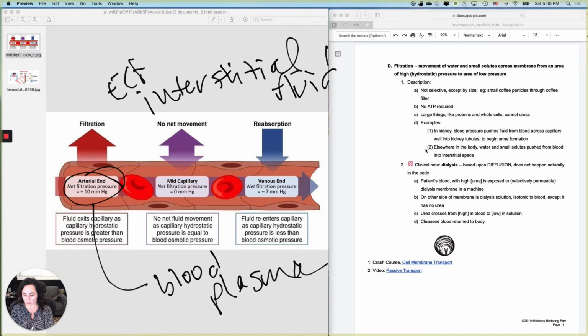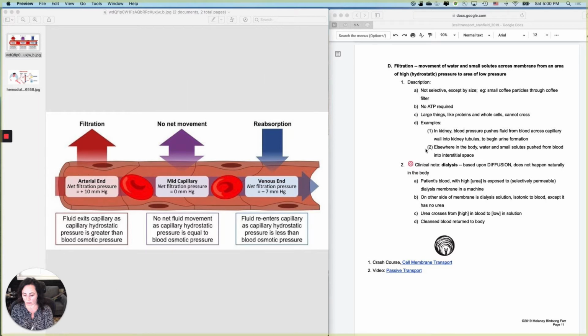Is there a pressure difference between blood plasma and interstitial fluid? Well, yeah, generally speaking, there is, because of course blood has a pump hooked up to it. So there is quite often, not at every point in the cardiovascular system, but quite often, higher pressure here than there is here. High pressure here and low pressure here.